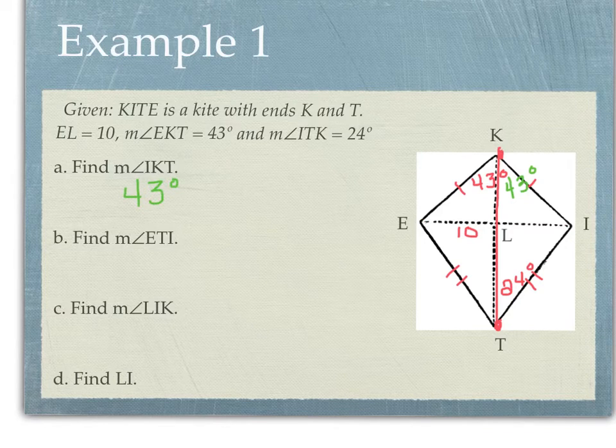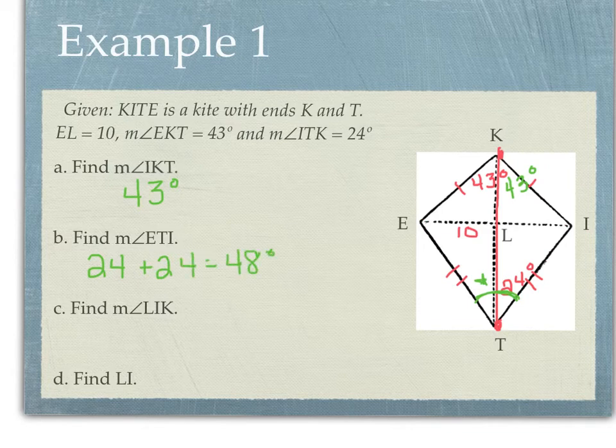ETI. So that's looking for this whole big angle. What would that be? 48. How do you know? So you add the 24. We know this one would have to be 24 as well. So we would do 24 plus 24 and get 48.